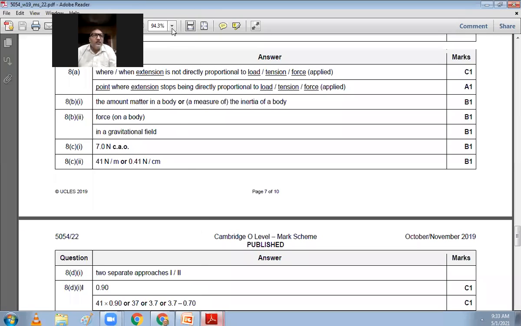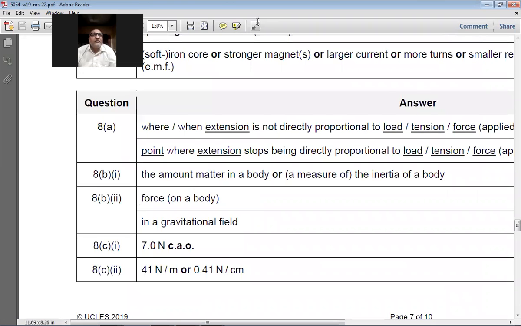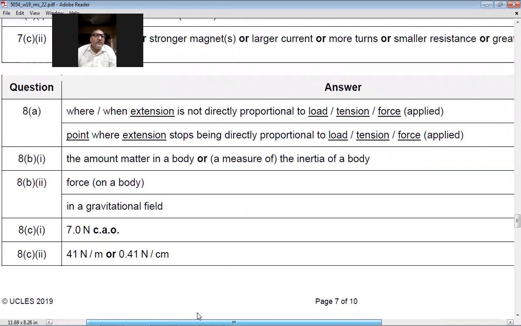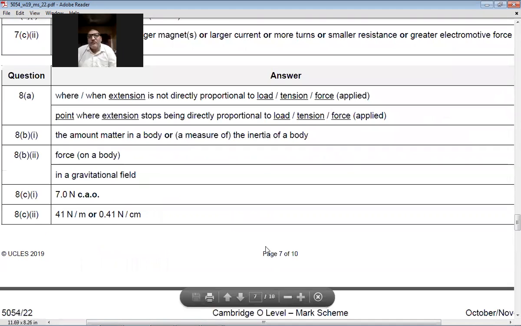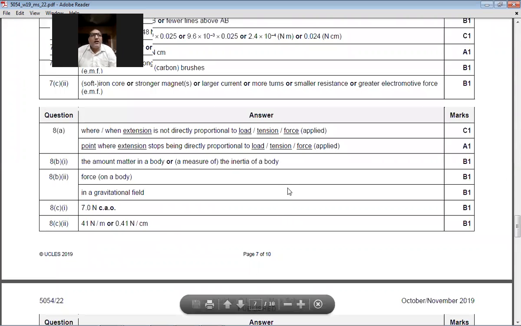Okay, the marking scheme is showing up on your screen. Let me increase the size. Now it's good.